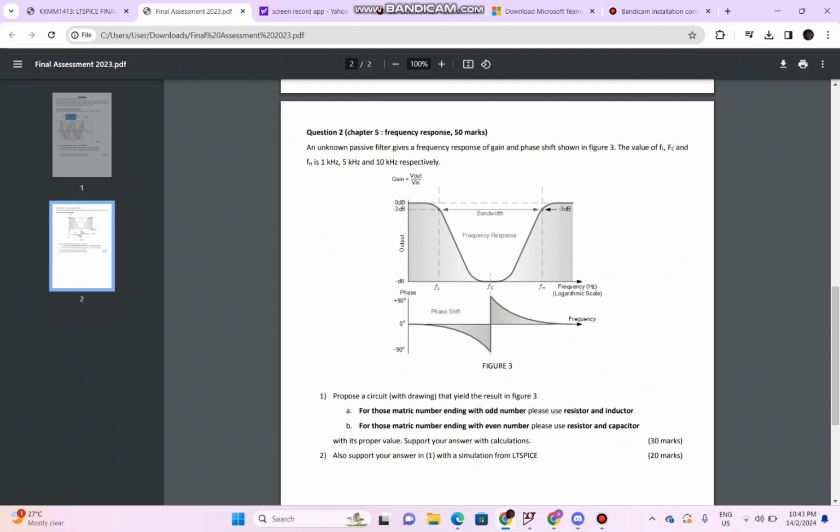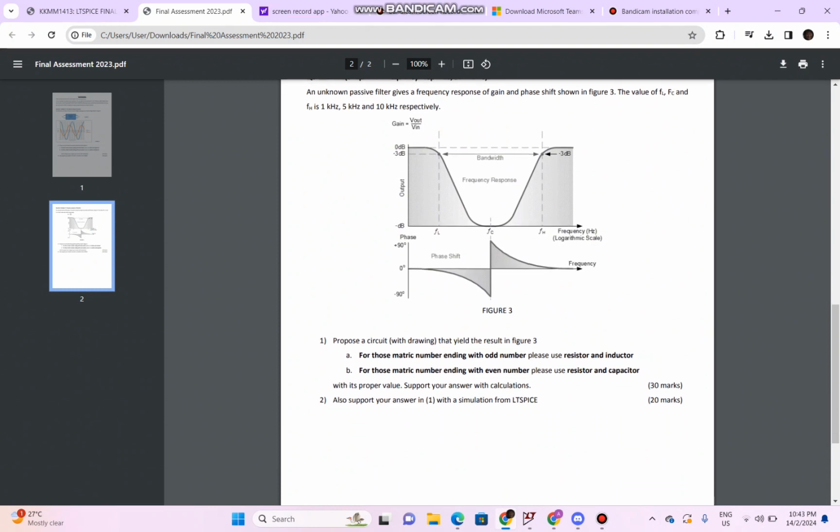Hence the band pass filter looks like this. We have the values of FL, FC, and FH, which are 1 kHz, 5 kHz, and 10 kHz respectively. We have to propose a circuit to yield the result in figure 3.